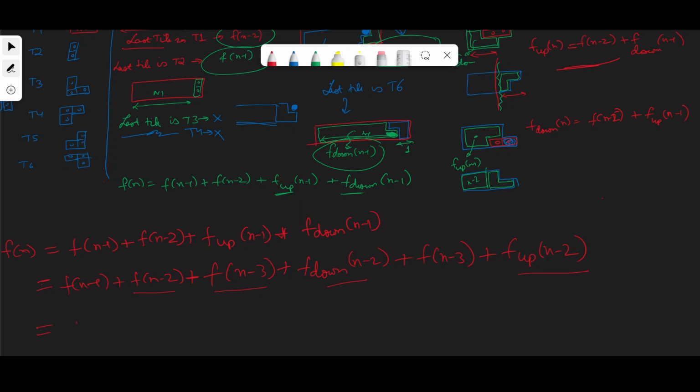So if you look at it, you can also call it F of n minus 1 plus F of n minus 2 plus F of n minus 3 plus F up of n minus 2 plus F down of n minus 2. Now notice this and notice this.